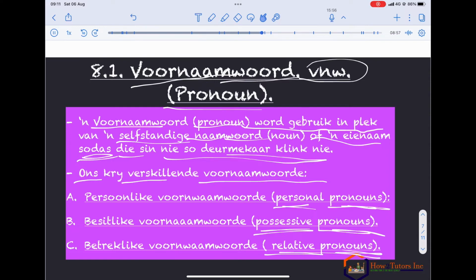So we use our pronouns in place of our nouns and our naming words so as to prevent confusion and messiness in our sentences.